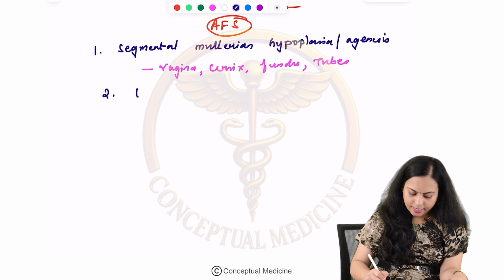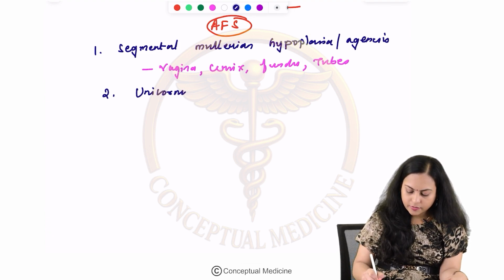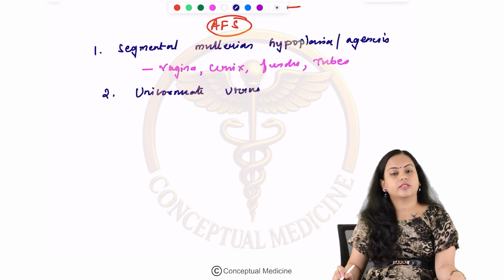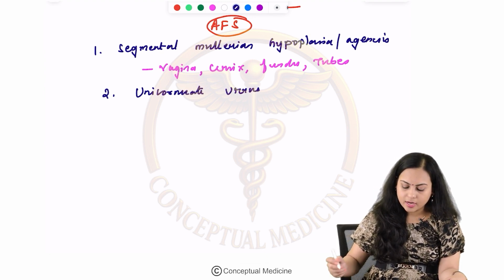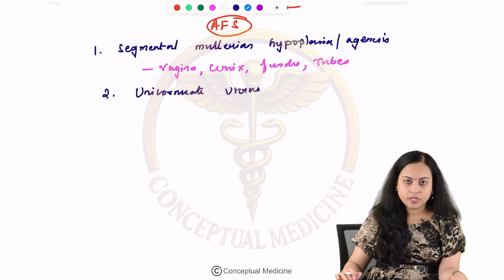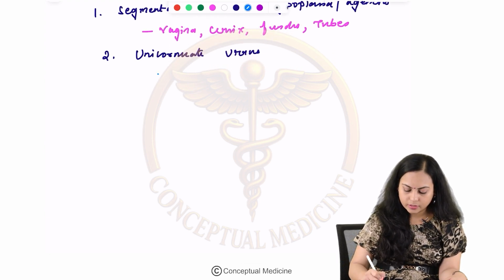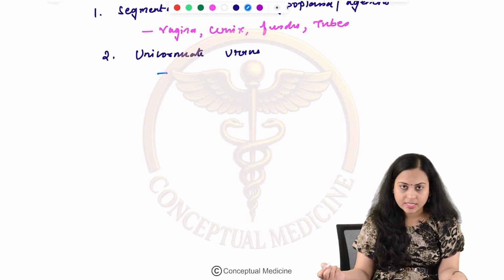The second type is unicornuate uterus. Unicornuate uterus means only one horn of the uterus grows in early embryological life. But there can be an associated rudimentary horn also, so there are many types in unicornuate uterus as well.